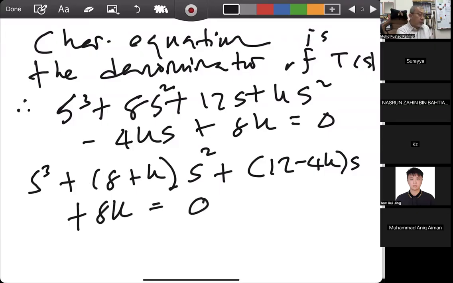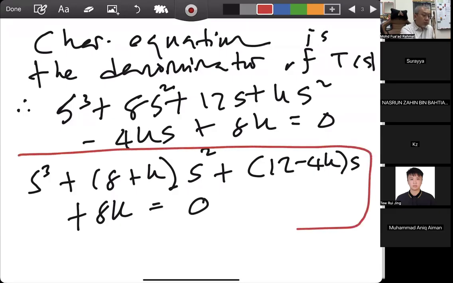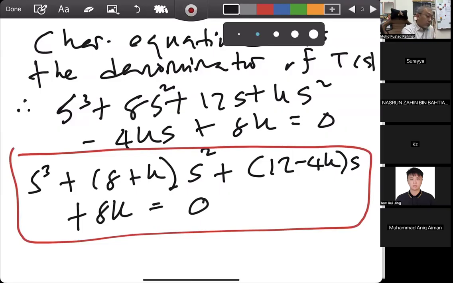Okay. So this is the characteristic equation and the considerations to be inserted inside the Routh-Hurwitz table.